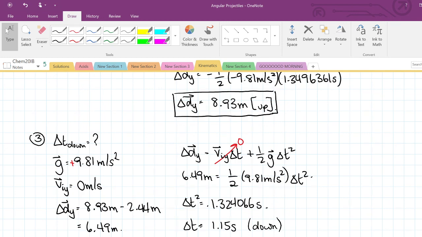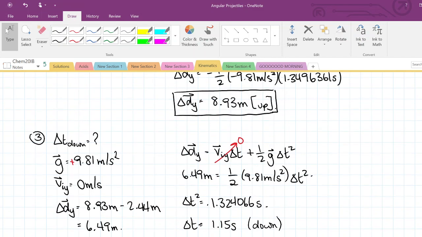And the distance the ball is going to fall is the max height, the 8.93 meters, minus where the ball ends up, the 2.44 meters. So that means that the ball falls a distance of 6.49 meters from the time that it reaches its max height, and then it gets caught up in the net.